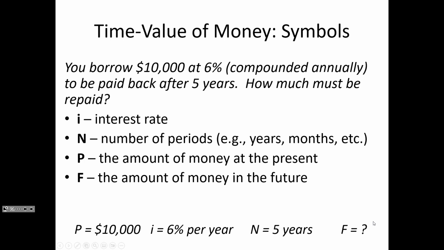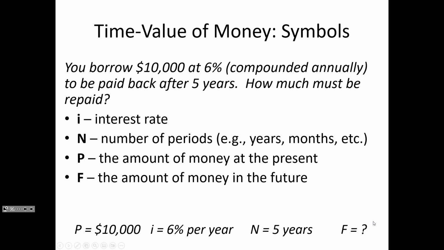So this is a find F given P type problem. I equals 6%, and you can either write it as the decimal or as the percent. Either one is okay in this kind of shorthand, and then N equals 5.